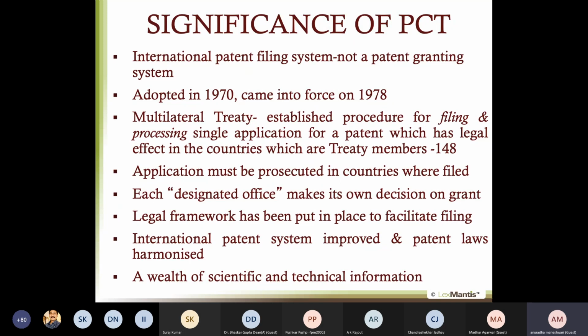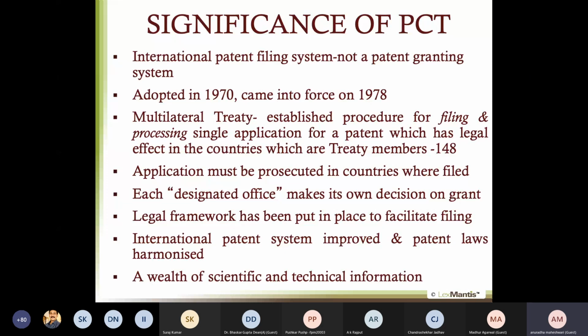If we were to go by a system of separately filing patents individually in different countries, the process would be very tedious and very difficult, which it was until 1970, when the world realized that we need to adopt a common platform for filing one single common application.